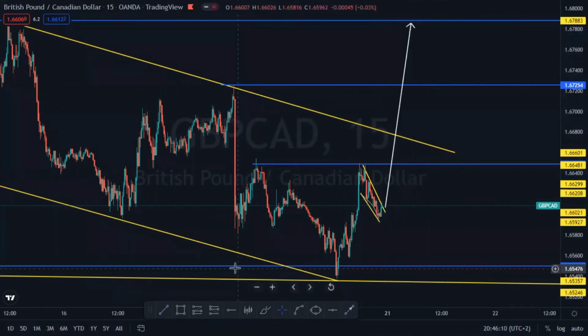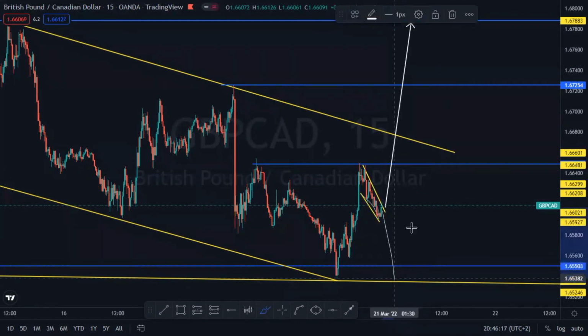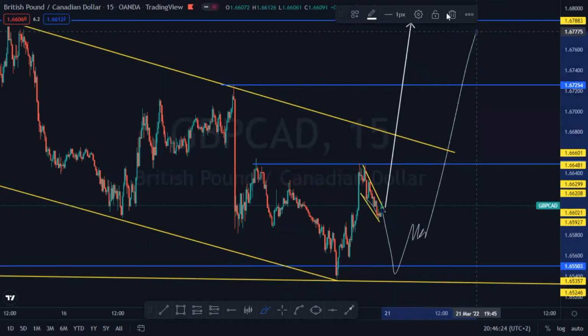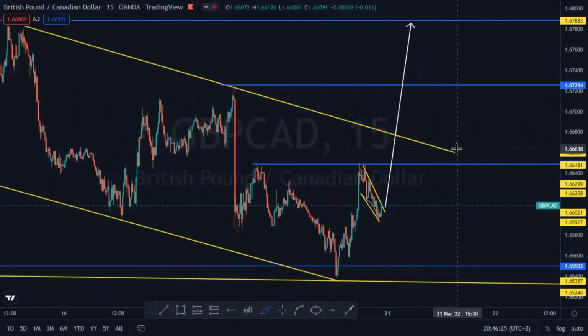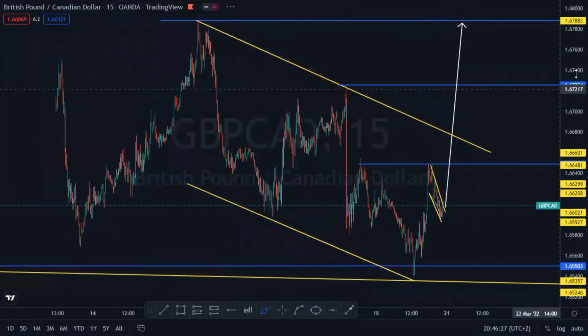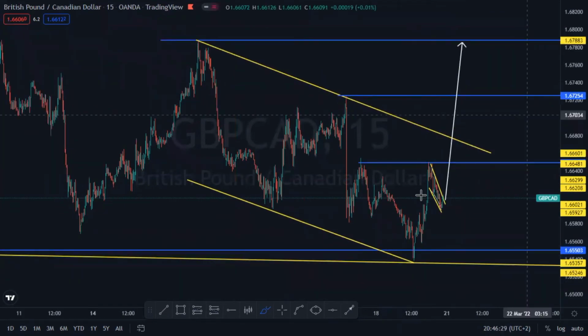Or my second scenario could be that there's still potential of giving us a double bottom before actually pushing to the upside, right? So it's only just a matter of time, guys. So wait for your confirmations.